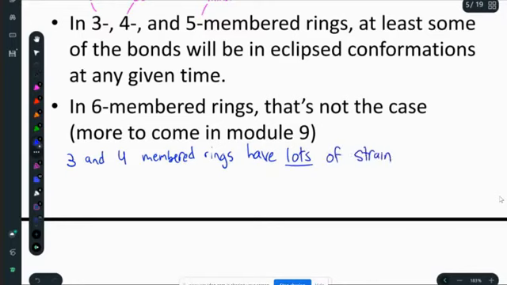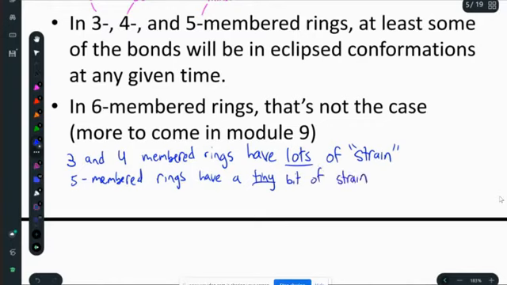They're going to be relatively hard to form. Five-membered rings, only a tiny amount. That's not really going to have a big effect on them.